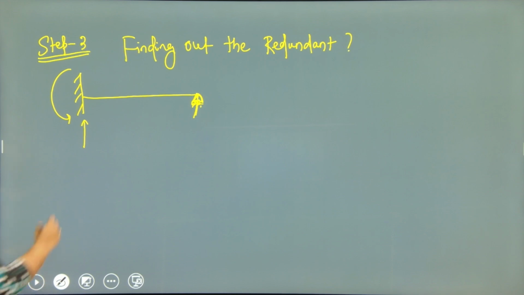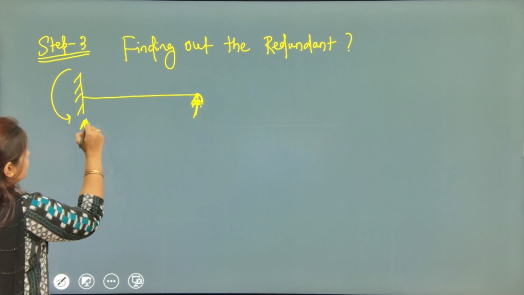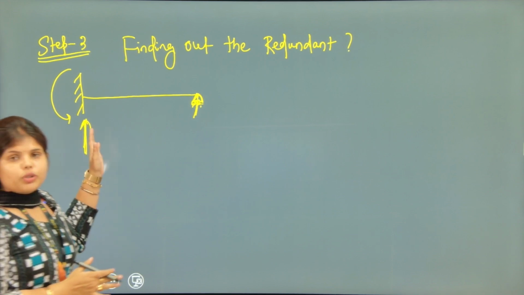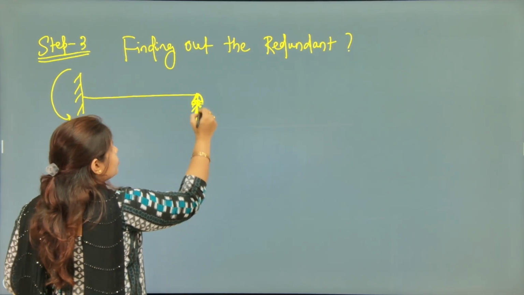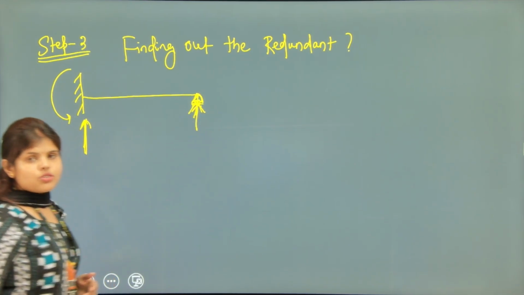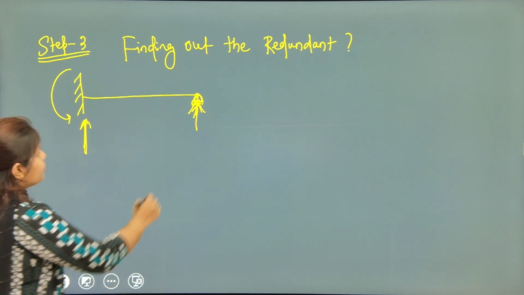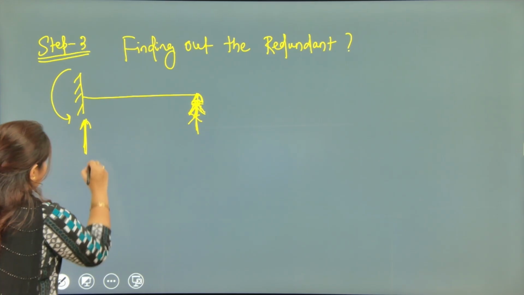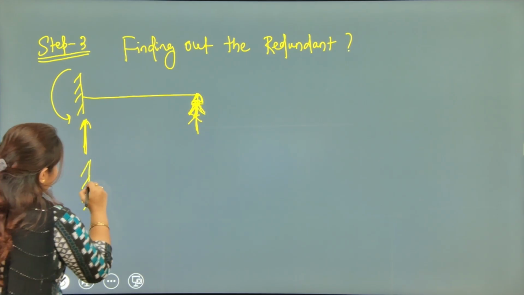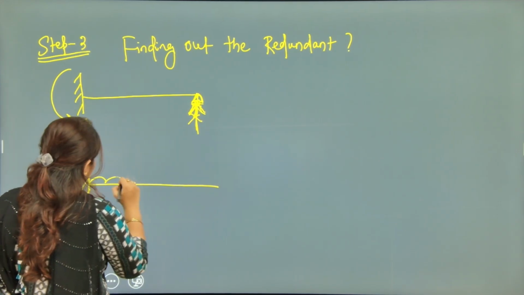If we just cancel this reaction, the structure will become unstable, so it is easy to make this one the redundant. So what we will do is cut this.